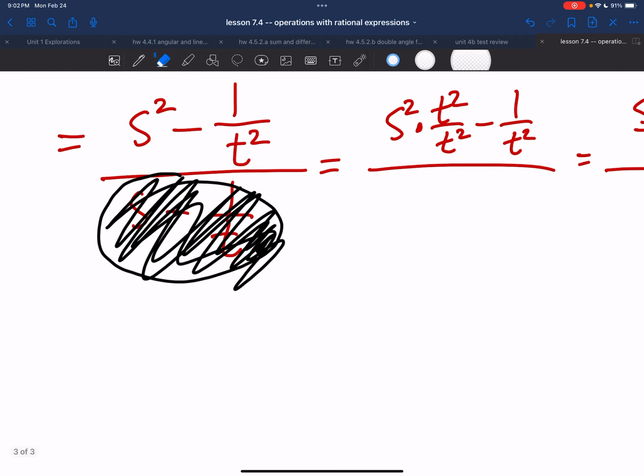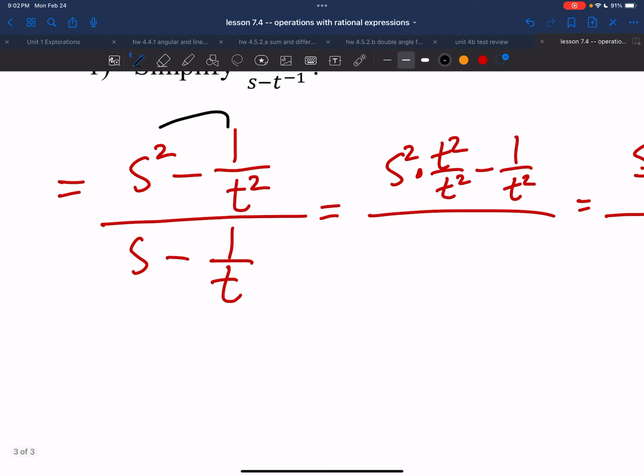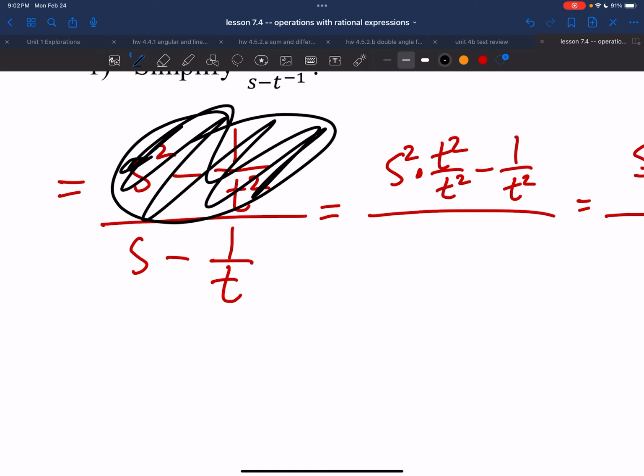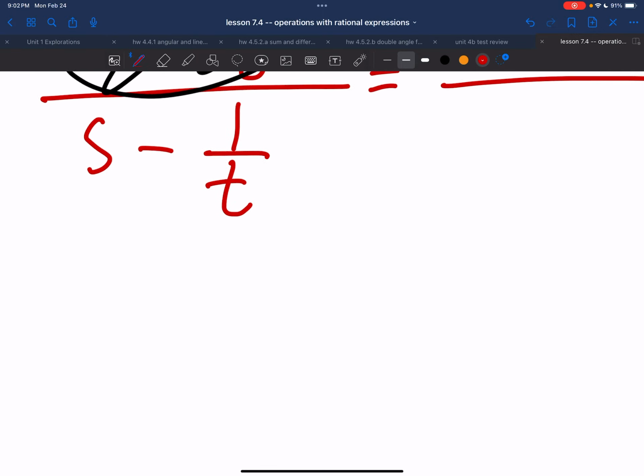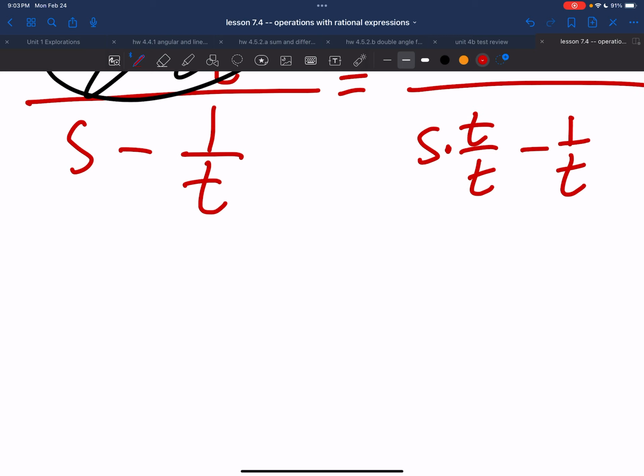Now you move to the denominator. So I'm going to erase that squiggle, and now I'm going to scratch all that out. Don't look at that. Just look at the denominator now. S minus 1 over t. Well, just like the previous one, the denominator is t. So I need s times t over t to get that common denominator, minus 1 over t.